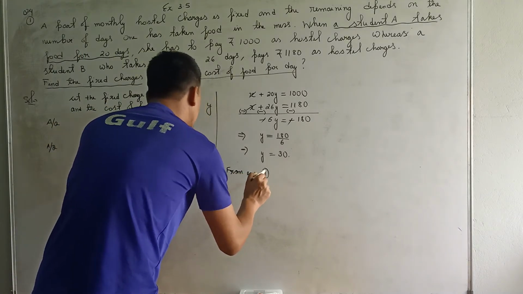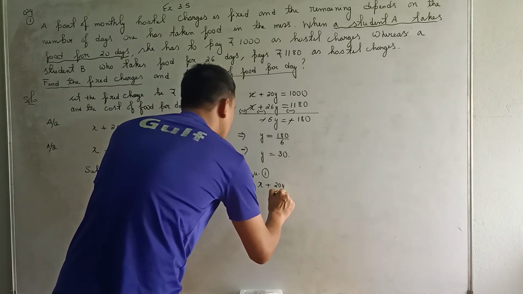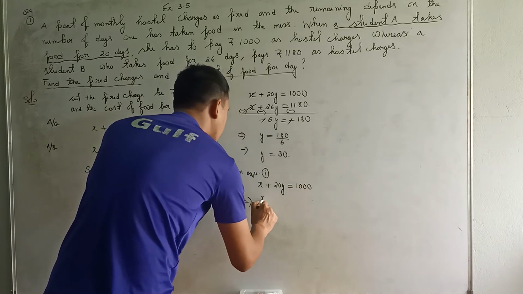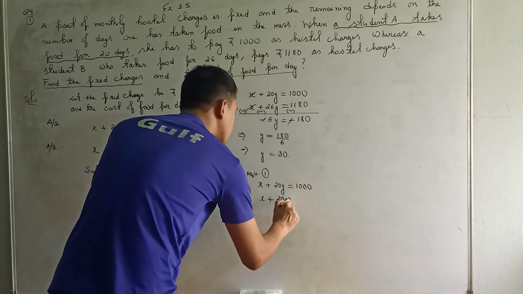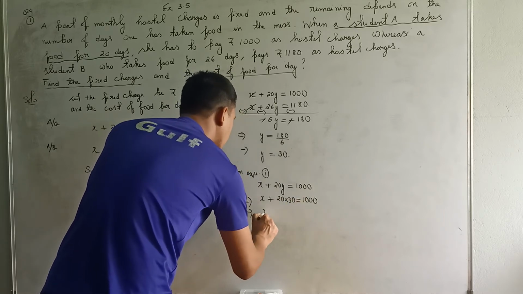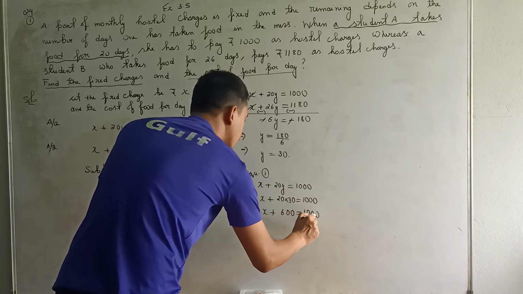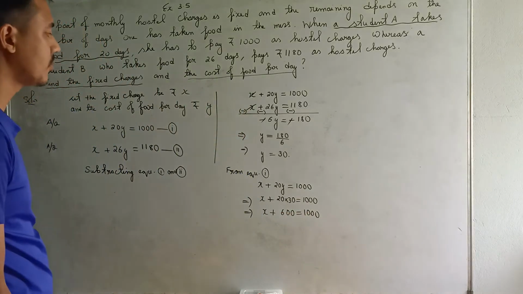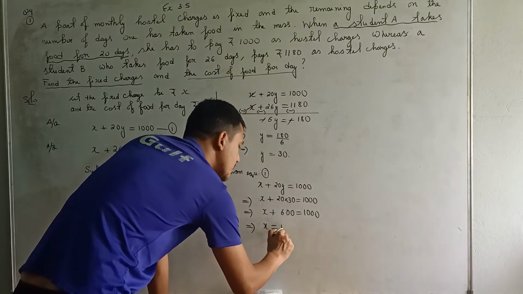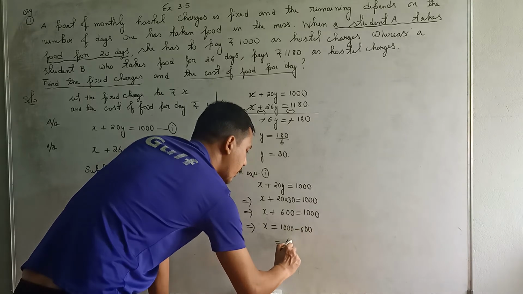Equation 1 says x plus 20y equals 1000. x plus 20 times 30 is 1000. x plus 600 is equal to 1000. So x equals 1000 minus 600. It will be 400.